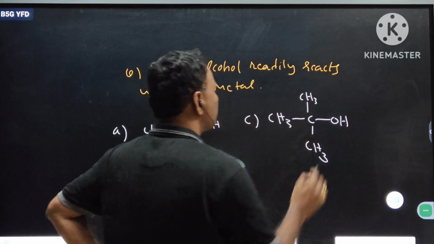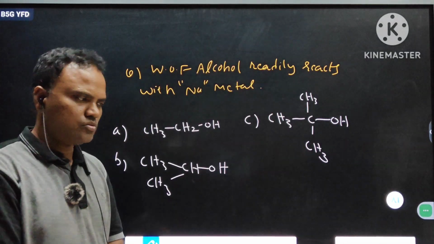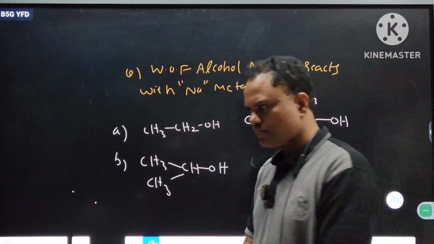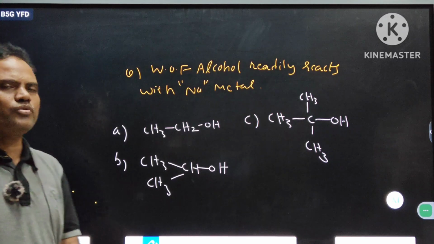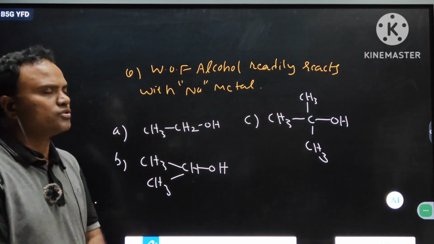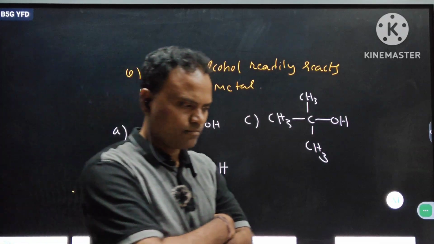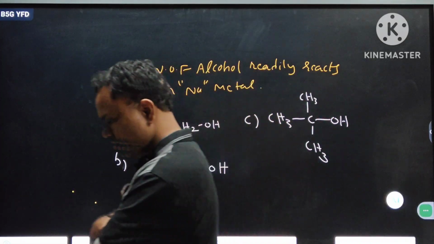Tell me. Who read GOC recently, or who has command on GOC? Which is the more acidic alcohol here? First one is more acidic or last one? Sorry, tertiary butyl alcohol is the less acidic.